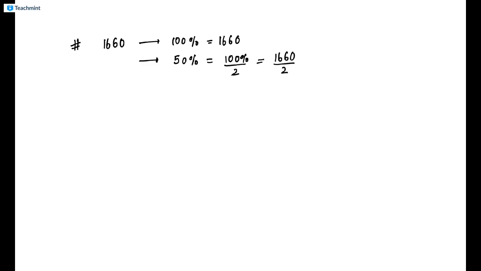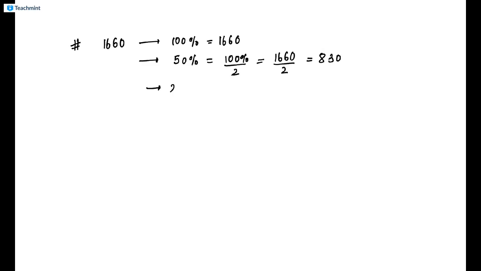Like for example, I am taking 1660. Is it clear? Tell me, what is the 100% of 1660? It is again 1660. What is 50% of 1660? I will just take 100% divided by 2, so 1660 divided by 2 is 830.